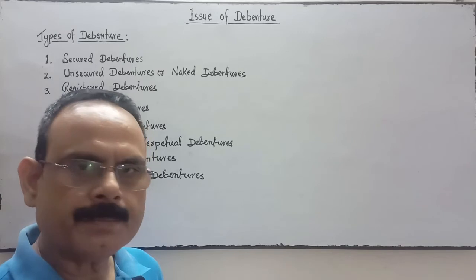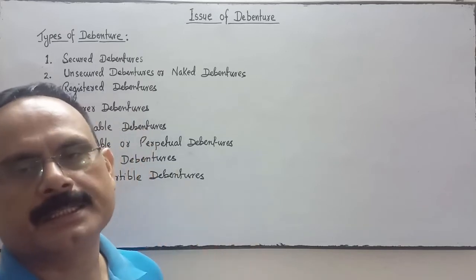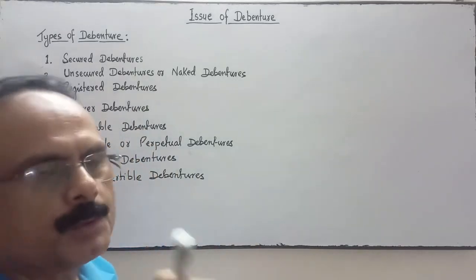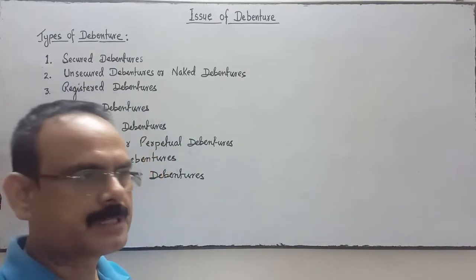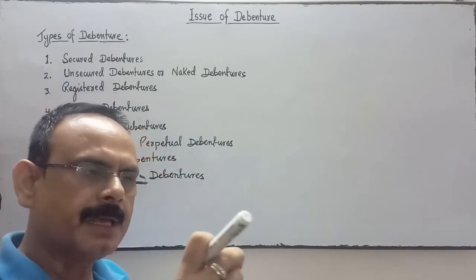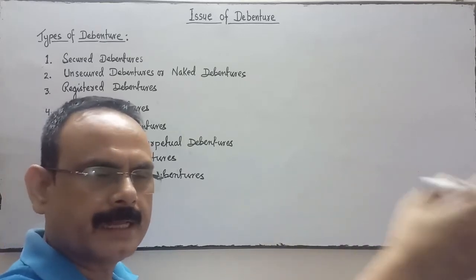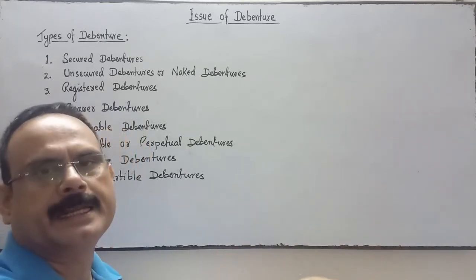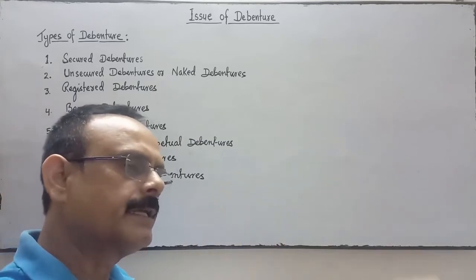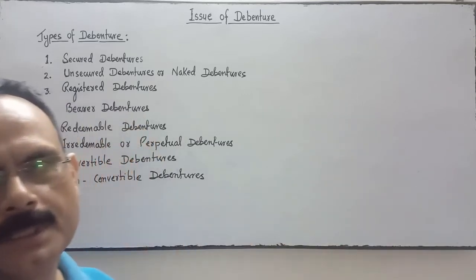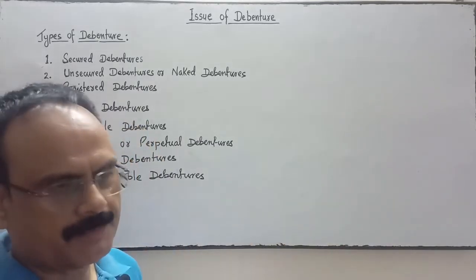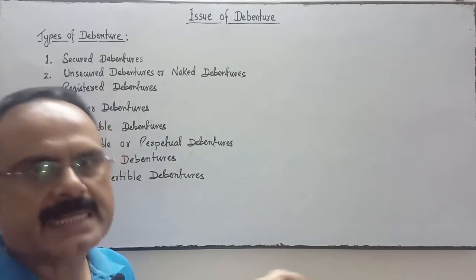So here the name is not registered in the debenture holder register. So transfer is easy, merely delivery. You deliver the certificate to somebody else, that person will get the interest and that person will get the principal amount.